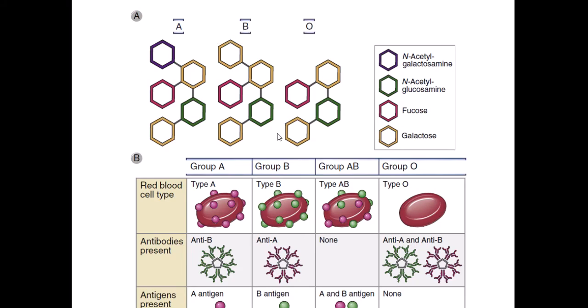So in order to understand blood transfusion theory, you have to understand the structure of the red blood cells that we are using for transfusion. And you know, the ABO system is the most common one that we are using, as well as the RH for grouping. And also you should know all the antigens that are present on the surface of red blood cells.